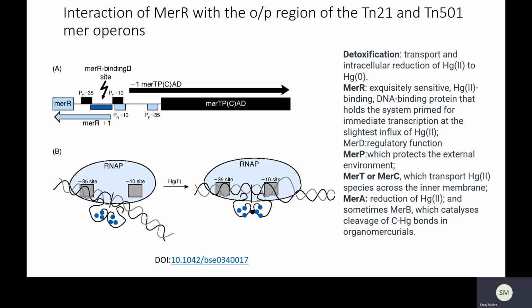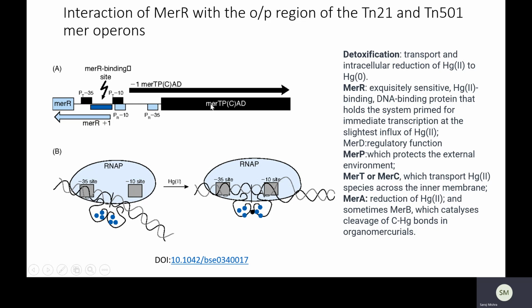This is very analogous to the naphthalene operon, where there are genes which code for enzymes that degrade naphthalene. Similarly, if microorganisms develop a tolerance towards mercuric ions, it is only because of the presence of an operon called the mer operon. In a way, it is very similar to the naphthalene operon.